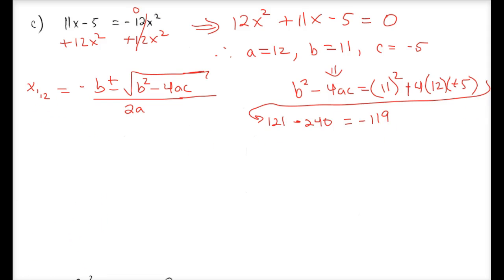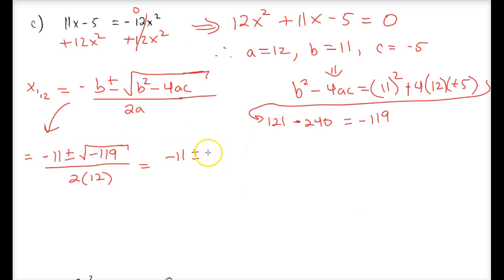All right, from here we'll plug in everything. So minus b plus or minus the square root of negative 119, divided by 2 times a, which is 2.